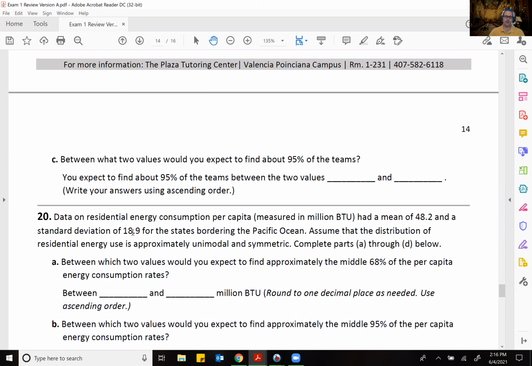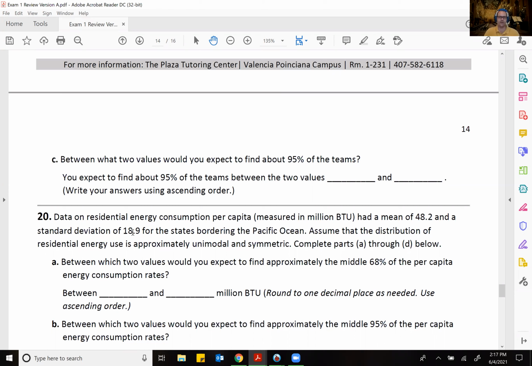So data on the residential energy consumption per capita measured in millions of BTU had a mean, so I'm going to write this down, a mean of 48.2 and a standard deviation of 18.9 for the states bordering the Pacific Ocean.